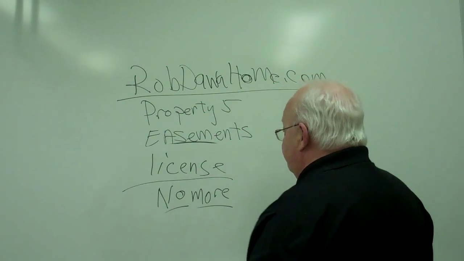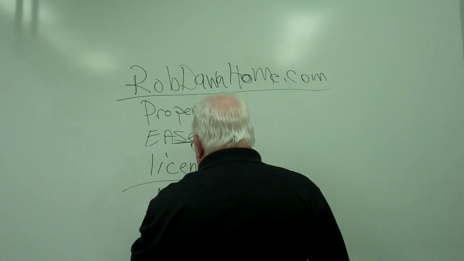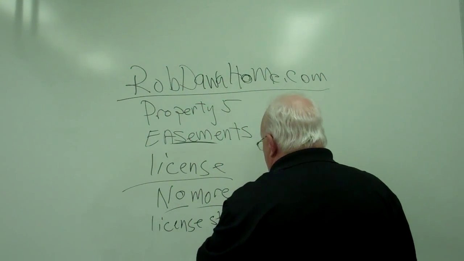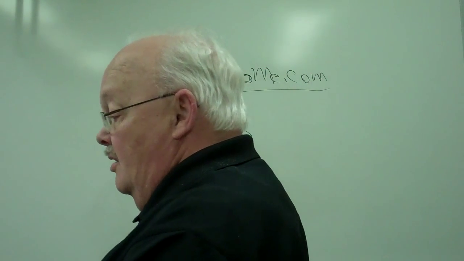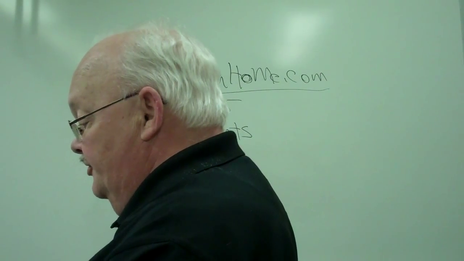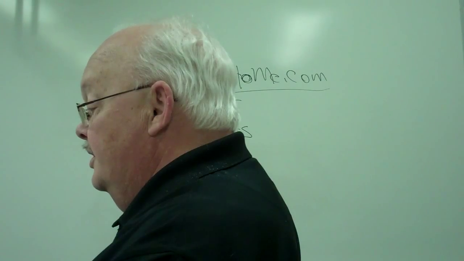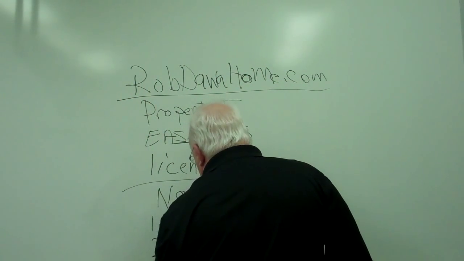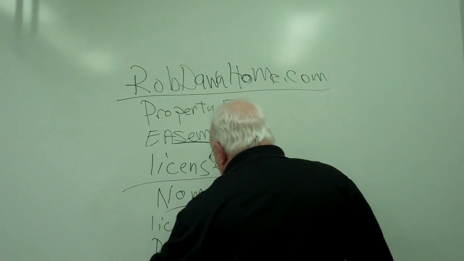Yes, the answer is yes. A license can be stopped. You just give the guy notice, and it's a revocation. The license is stopped, so we say it's revoked. So that's important.